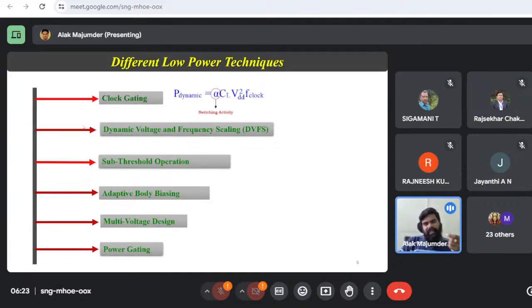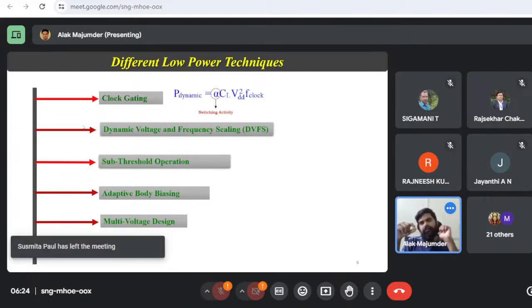Adaptive body biasing is a technique in which the bulk terminal is used. Basically any MOSFET is a 3-terminal device, but at that time we are not focusing on the bulk terminal or the body terminal. In adaptive body biasing, the body is biased through an external potential. And we know because of the body effect, depending on the potential we are applying at the body terminal, my threshold voltage will get changed, right?